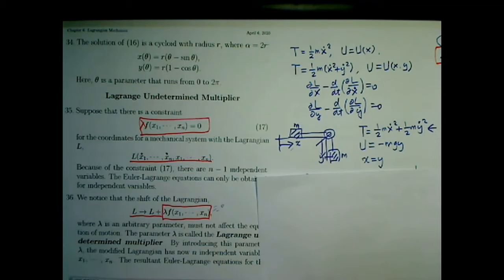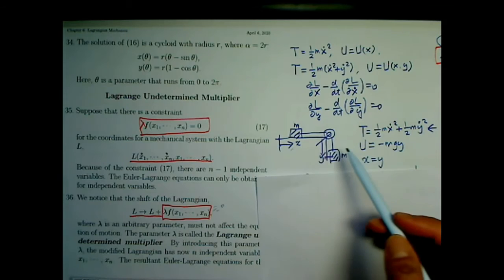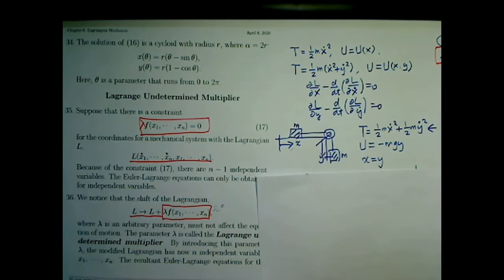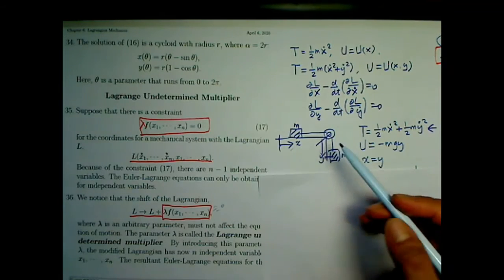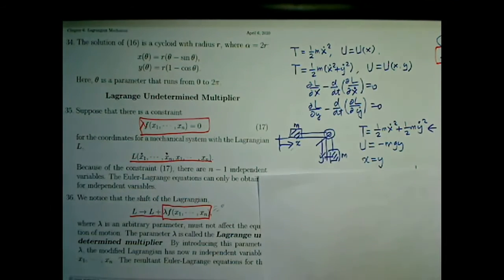Two identical masses M are attached to a string and connected by a pulley, and we do not consider any mass or friction of the pulley. The mechanical variables here, the coordinates of the two particles, are the horizontal x value and the vertical y value.